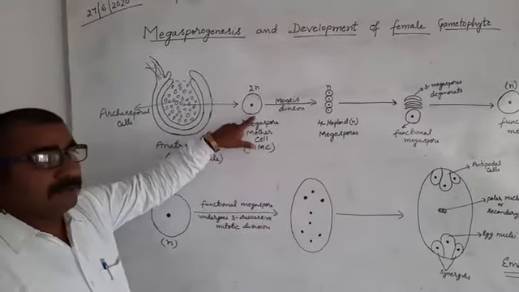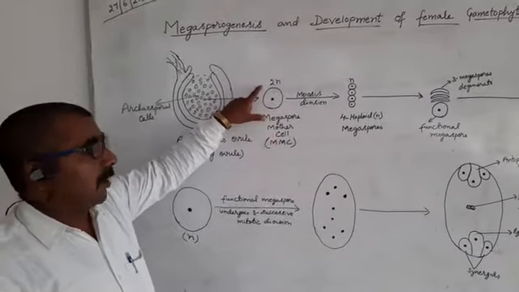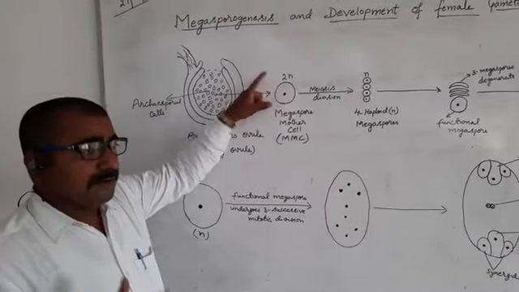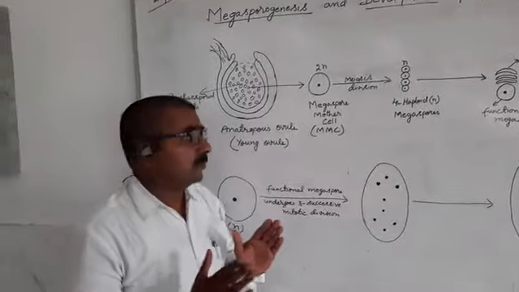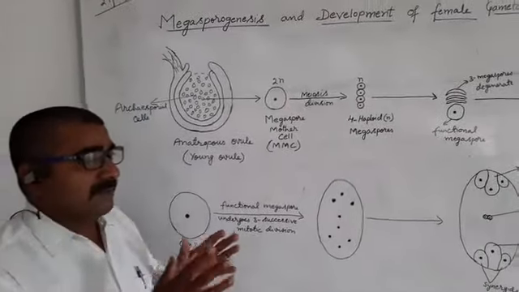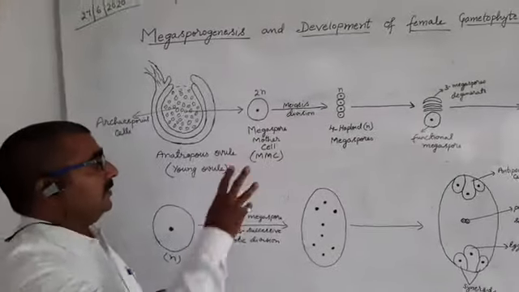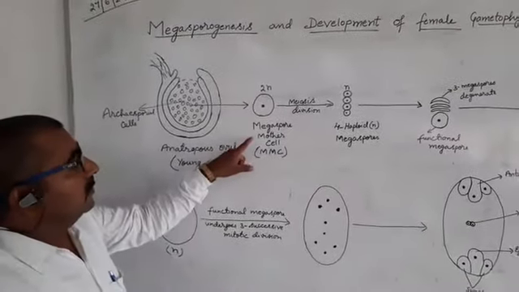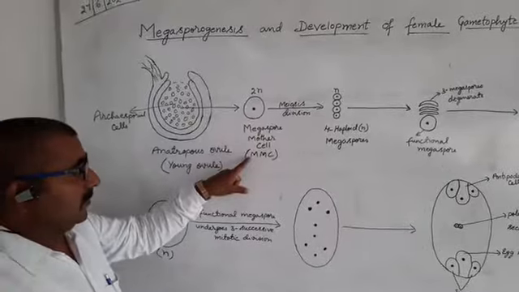The megaspore mother cell is diploid. Diploid means it has a paired set of chromosomes. The remaining cells of the sporogenous tissue provide nourishment to the growing megaspore mother cell.